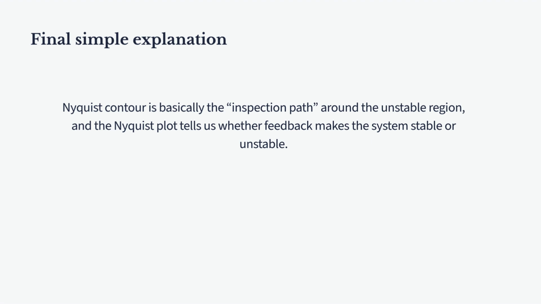Finally, we use the formula Z equals N plus P. If Z equals 0, the closed loop system is stable. If Z is greater than 0, the system is unstable. So the Nyquist method is useful because it helps us check closed loop system stability using a graph without solving difficult equations. So thank you.